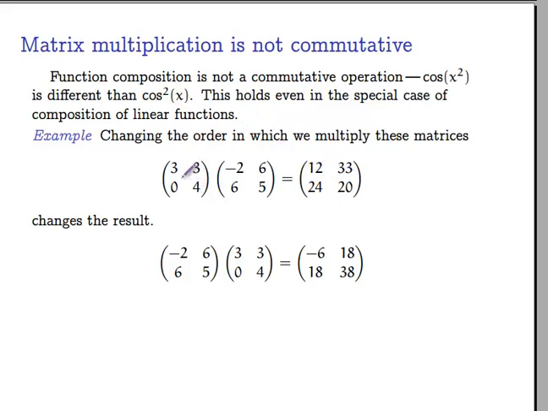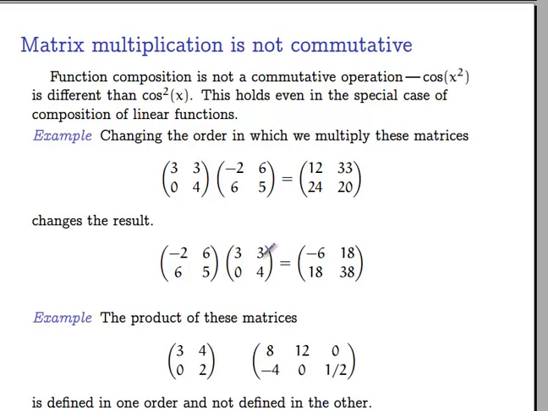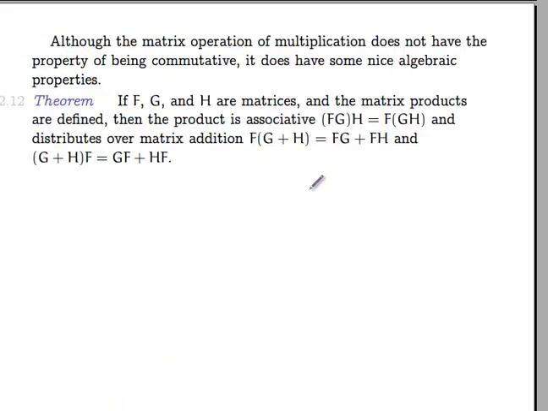We can multiply two matrices this way or this way, and you get a different result. The product of these matrices is only defined if you take this matrix times this matrix. It's not even defined if you multiply it in the other order. So remember, matrix multiplication is not commutative.